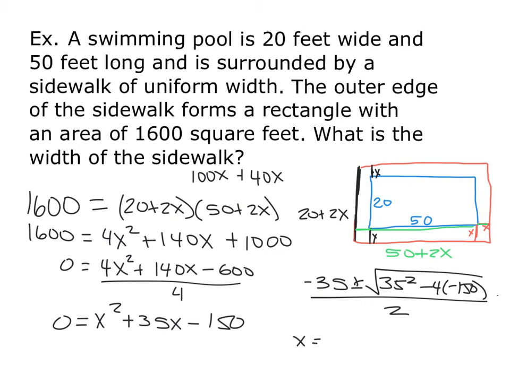So 35 squared minus 4 times negative 150, square root of 1825. So you get negative 35 plus or minus root 1825, all over 2. Let's see what that gives us.